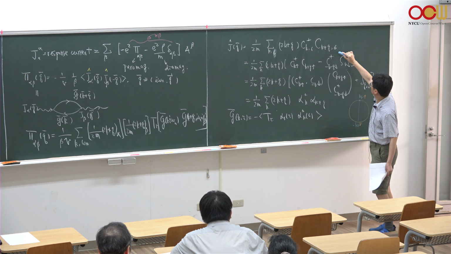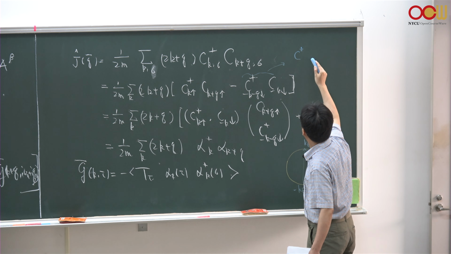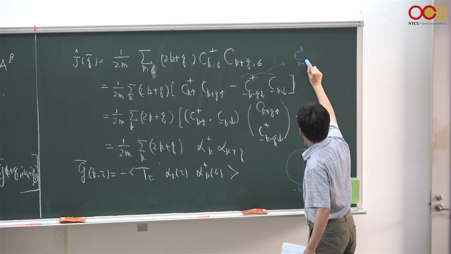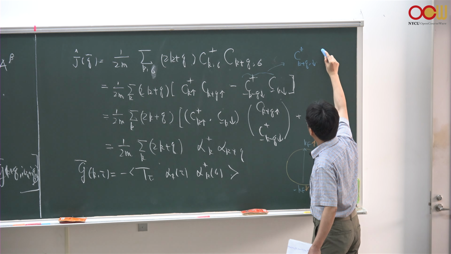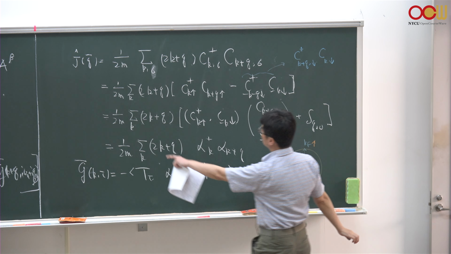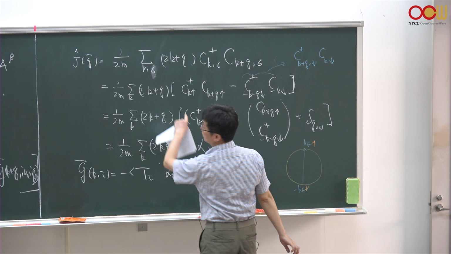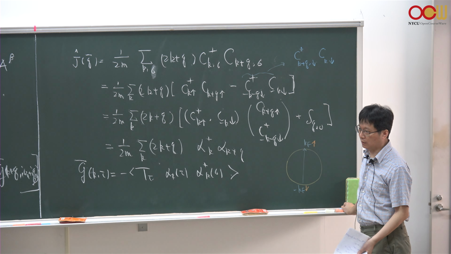If you go back to the original form of the spin-down component, this is given by C dagger k plus q spin down and C k spin down. Don't forget there's a 2k plus q factor, which is sensitive to the plus or minus sign of k and q.